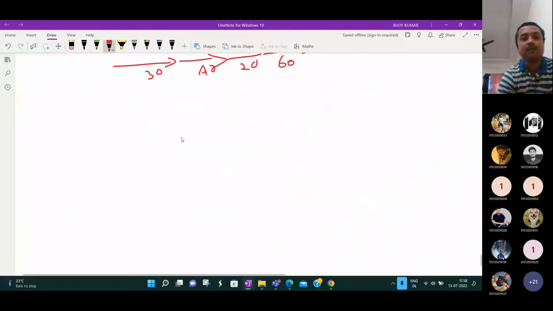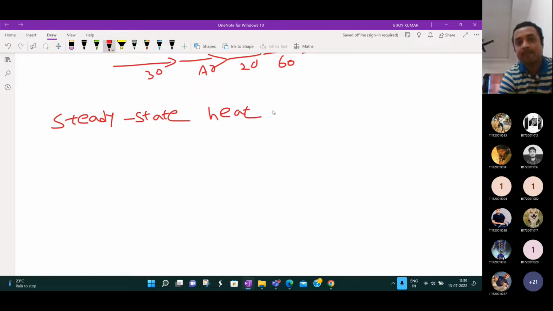Okay. So now let us come to the derivation. The derivation is steady state heat conduction through a plane wall.